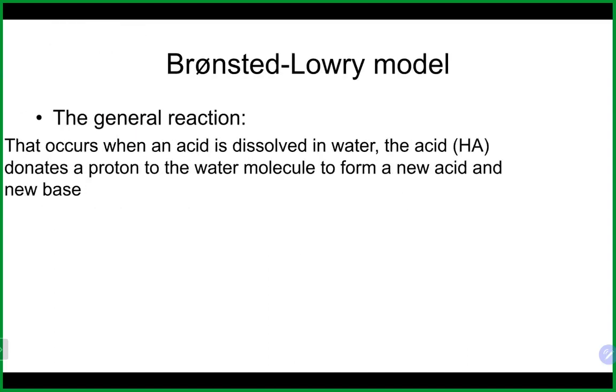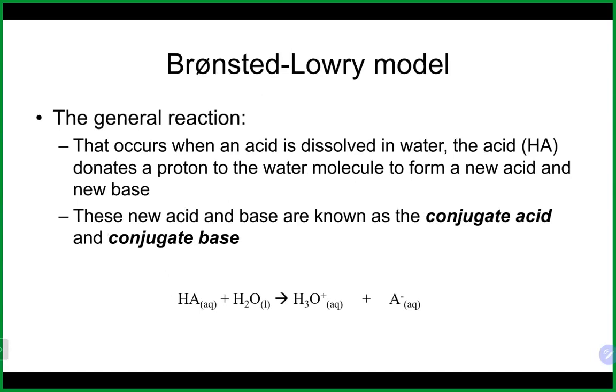So if we look at something, say, like this reaction here, where HA is just an acid, and in this case, water is going to act as the base. The acid's going to send the H plus over to the water.